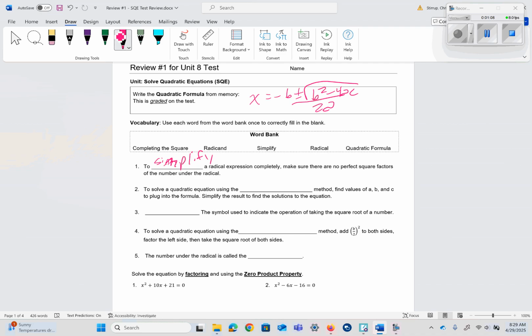To solve a quadratic equation using the blank method, find the values of a, b, and c, and plug them into the formula. So this is the quadratic formula. So far we've used those.